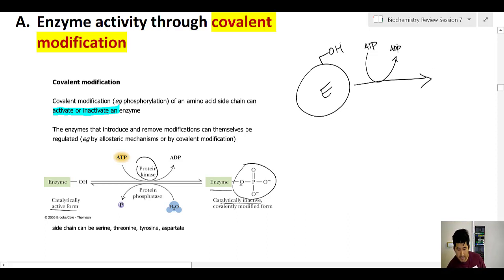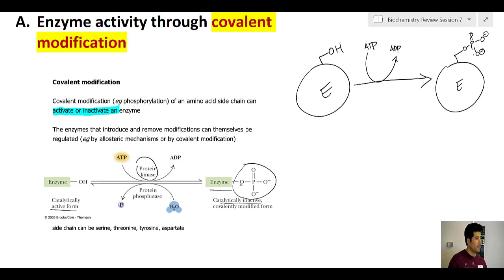And this enzyme takes one of those phosphate groups and it's going to give it to this enzyme right here. What just happened to this enzyme? It was covalently modified.